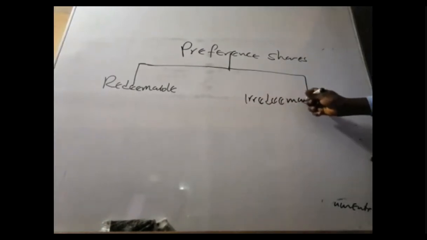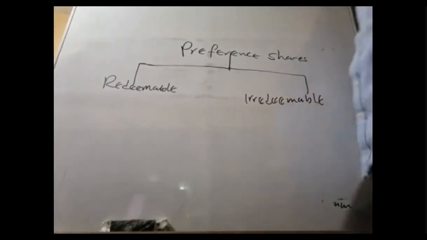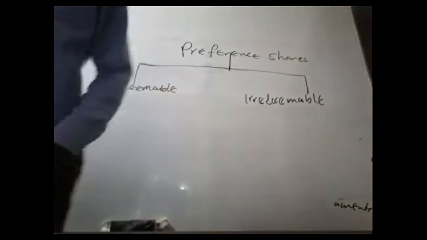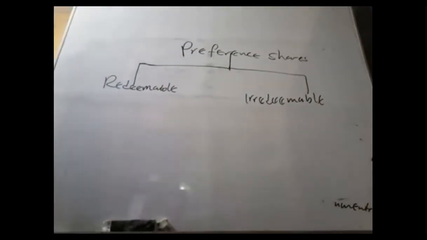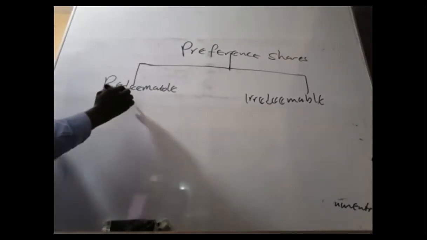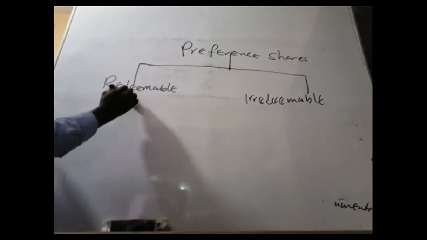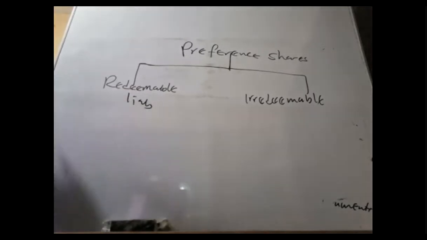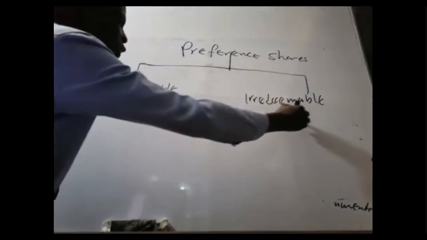Irredeemable preference shares. Now, obviously, redeemable preference shares, it's a liability. When we enter here, it's a liability. So classify it as what? Liability. Irredeemable is equity.